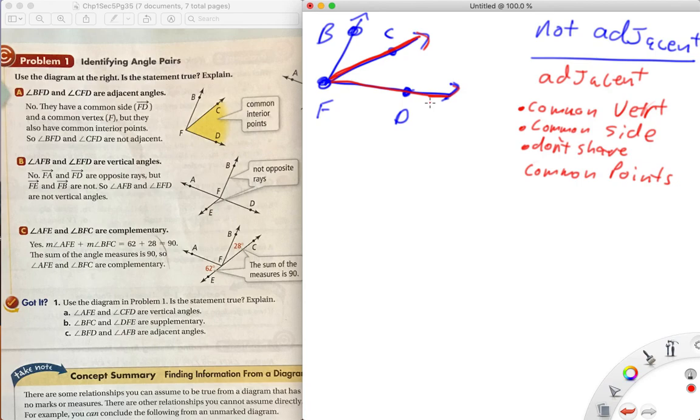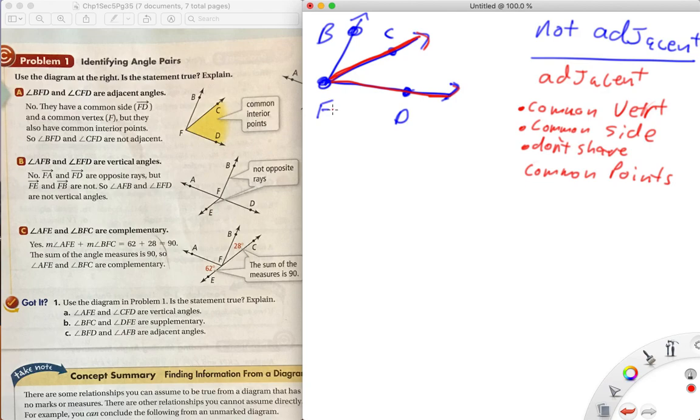Do they share a common side? They do. CFD and BFD both share FD, ray FD. That's a common side that they share. Do they have a common vertex? Yes, they do. So they satisfy condition 1 and condition 2.